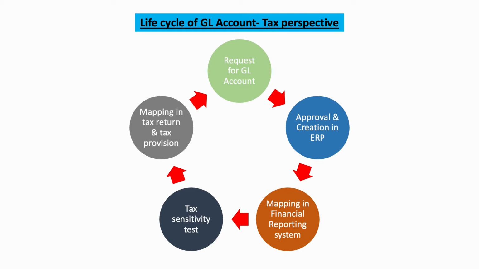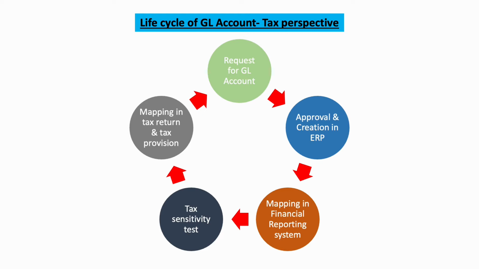That is used to condense the information recorded in the ERP system into a more reportable and publishable format. So up until here, there is very minimal involvement of the tax department.